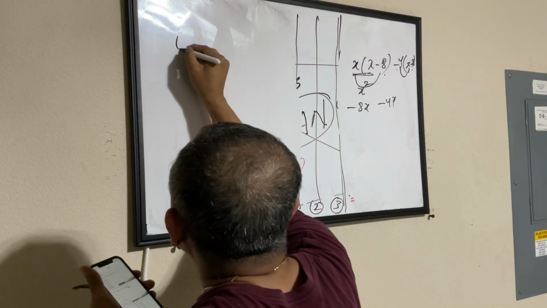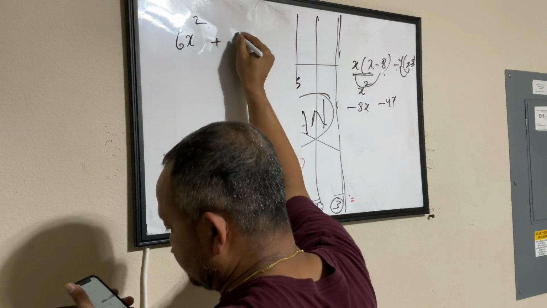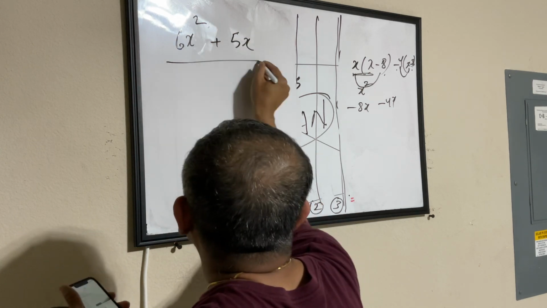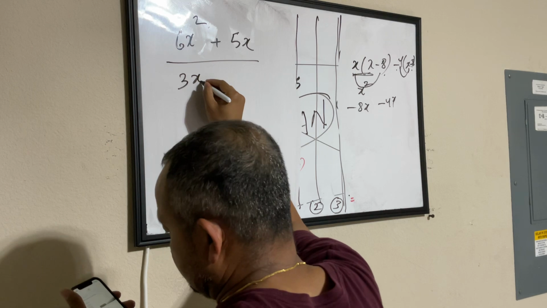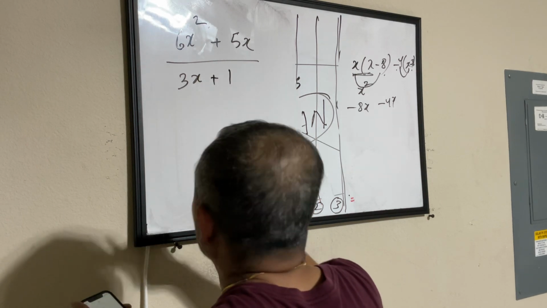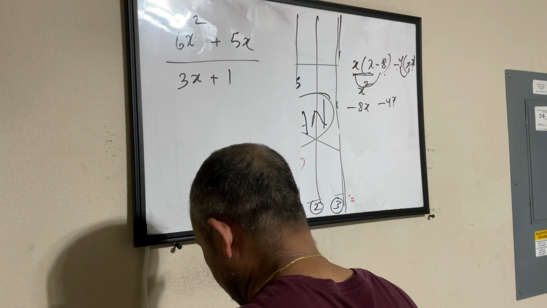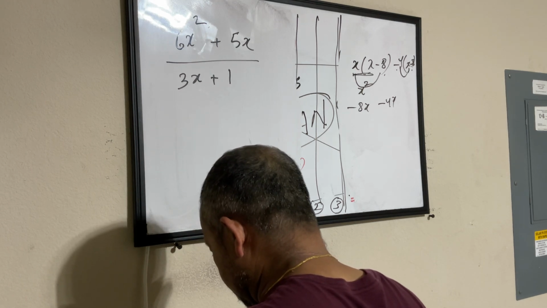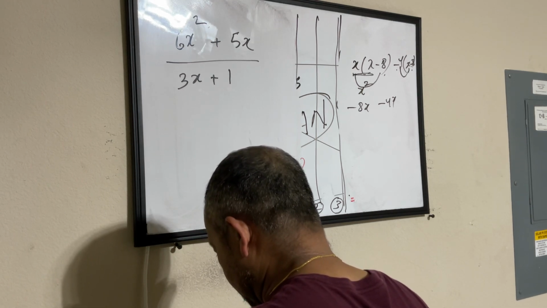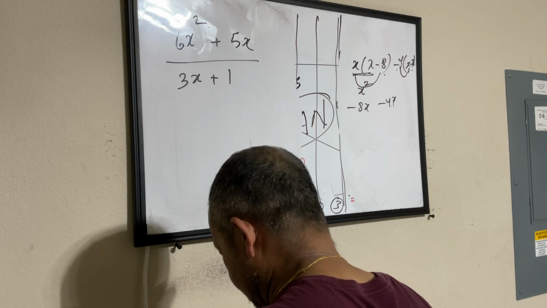I have 6x squared plus 5x by 3x plus 1. I'm just thinking, shall I jump to this question right away or shall I give you guys a little bit of think time?